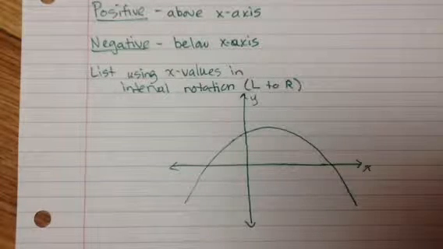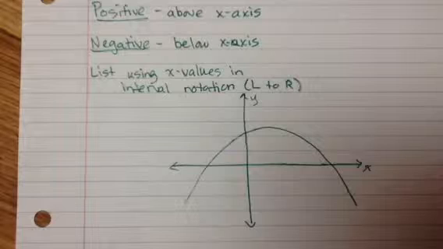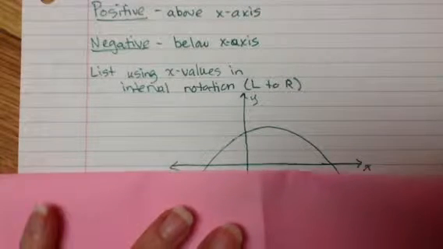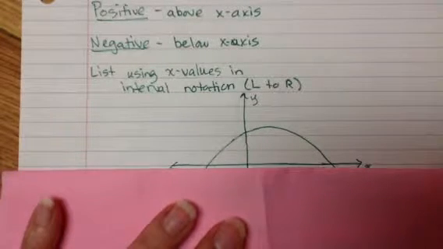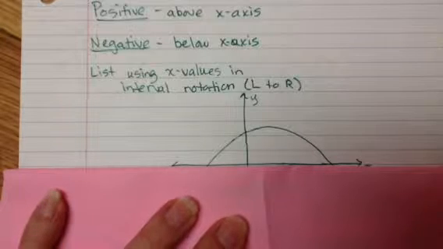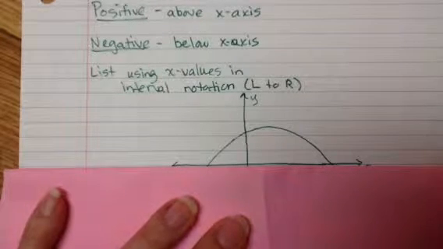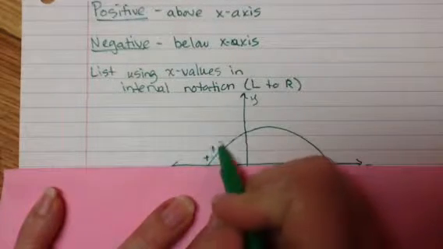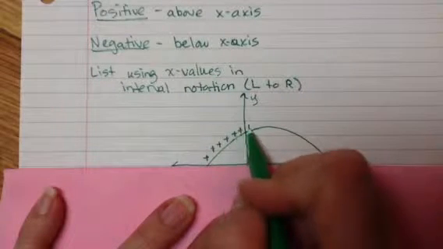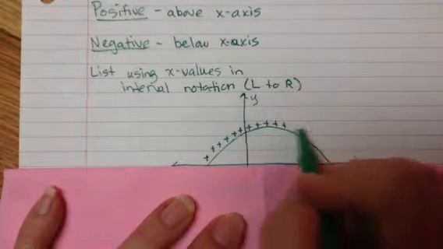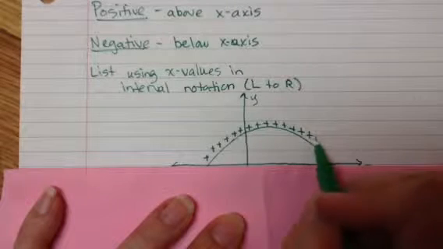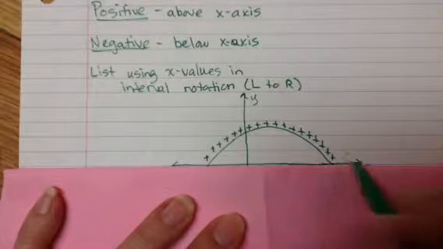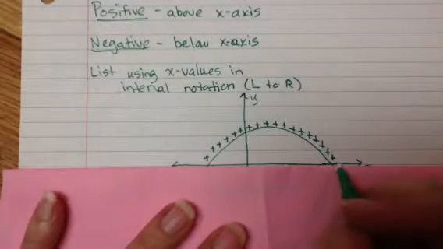So if you use something to cover up everything below the x-axis, you can see that this graph is above the x-axis in all of that zone. So it is positive everywhere that it's above the x-axis. So all of these x values, as I go left to right, it is above the x-axis.